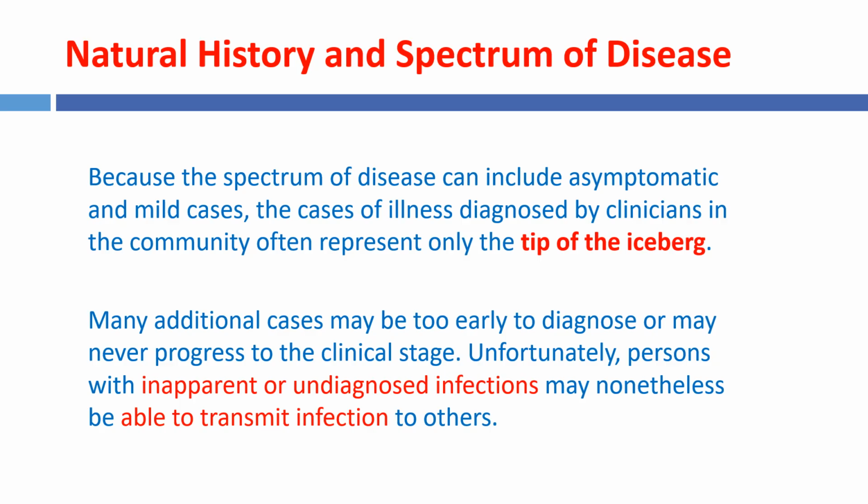There are nevertheless many additional cases that may be too early to diagnose or even may never be diagnosed because they do not progress into the clinical stage. Unfortunately, persons with inapparent or undiagnosed infections may nonetheless be able to transmit infection to others.